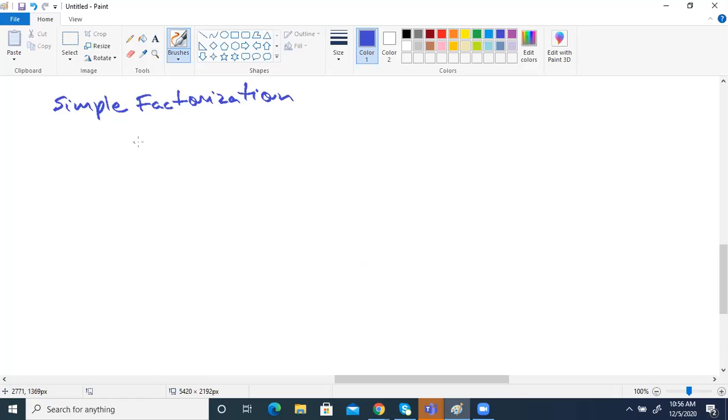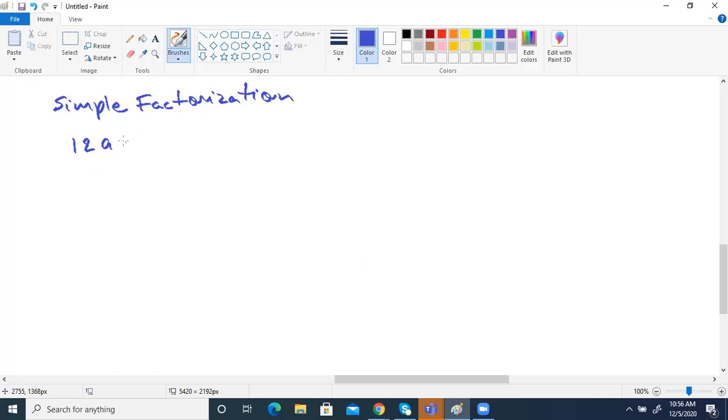With factorization, it's good to understand HCF, the highest common factor, like when we were doing fractions and looked at LCM, the lowest common multiple. Usually you're asked to factorize something that looks like this, for example.